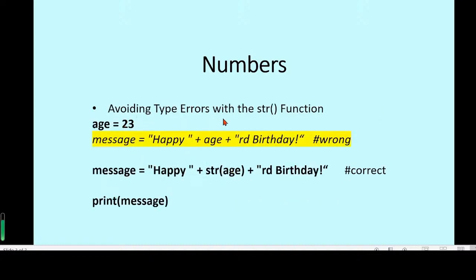And avoiding type errors with the str function. So age is 23. Next, if we create a string variable called message equals happy plus age plus birthday, then it will have an error, because Python does not allow you to add a numeric variable with a string directly, so you have to transform this numeric variable to the type string before adding together.